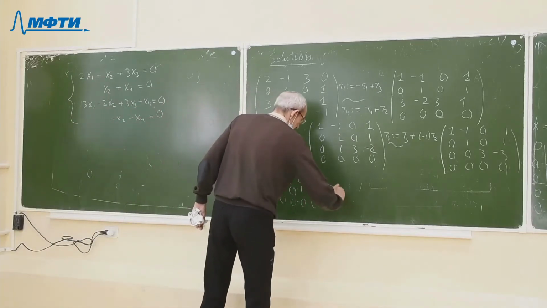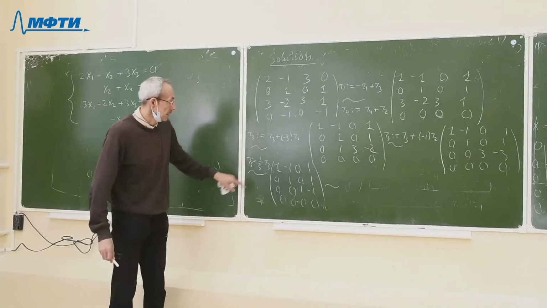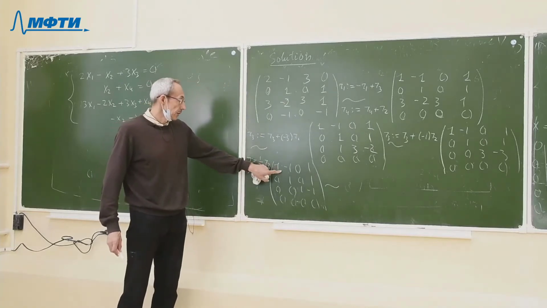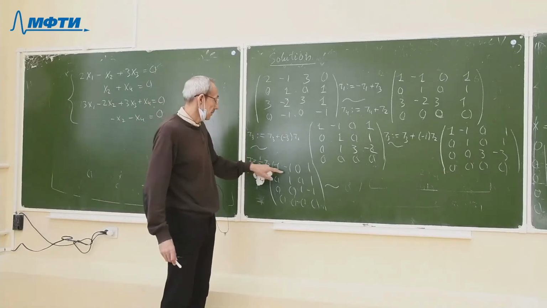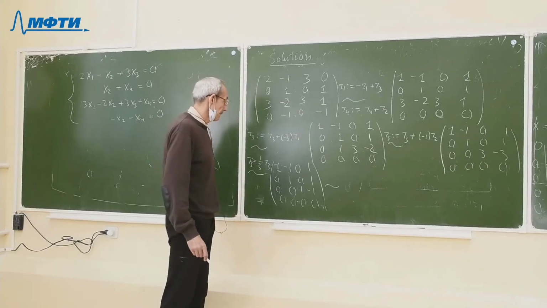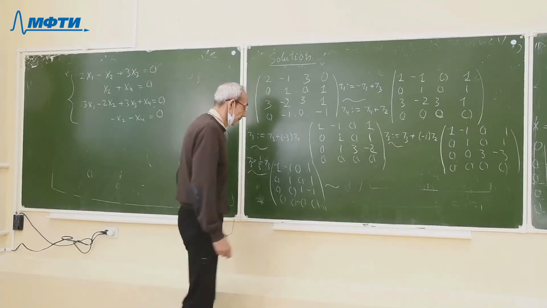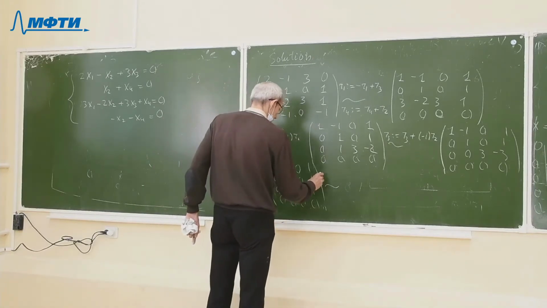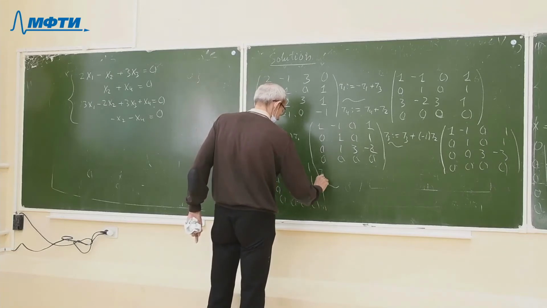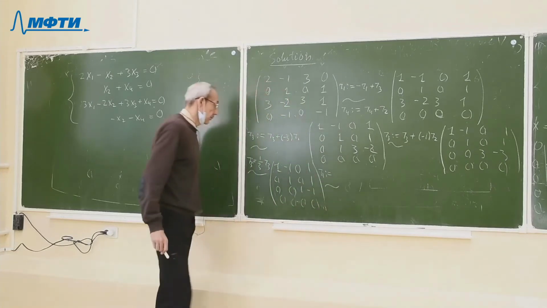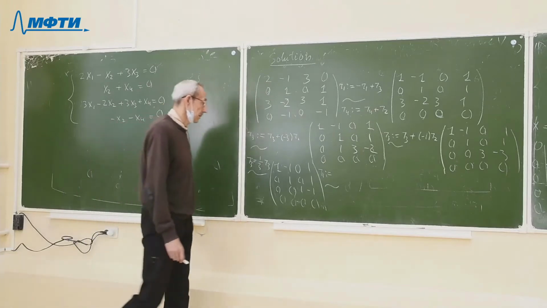And we must get 0 in the first row on the second place. For this we add to the first row the second row.